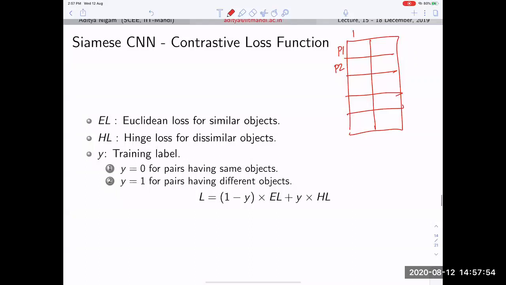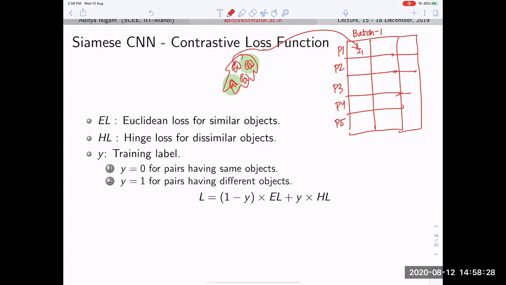I am having a batch. This is my batch number 1. I am having pair 1, pair 2, pair 3, pair 4 and pair 5. This is my data set. In that data set, I am having class 1, class 2, class 3 and class 4: C1, C2, C3 and C4. So I choose one image from here, place it over here, class 1, and I can take any image.